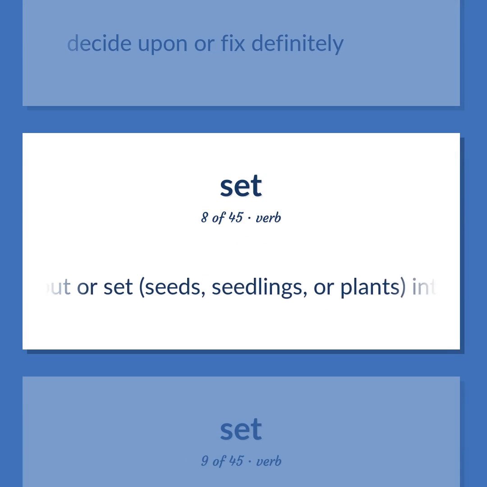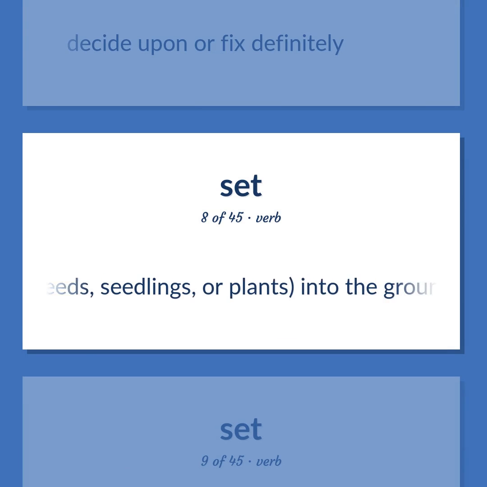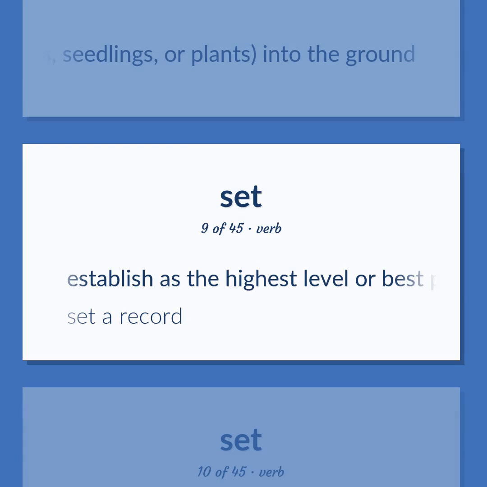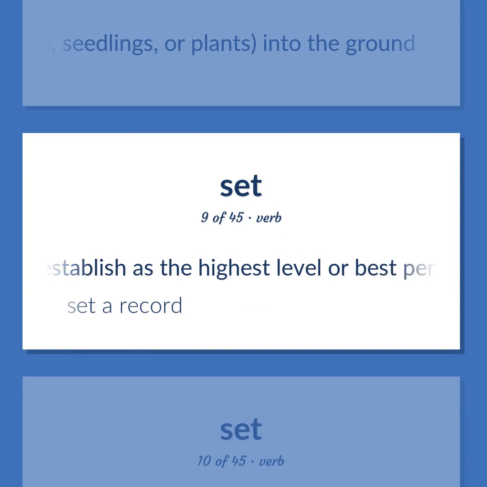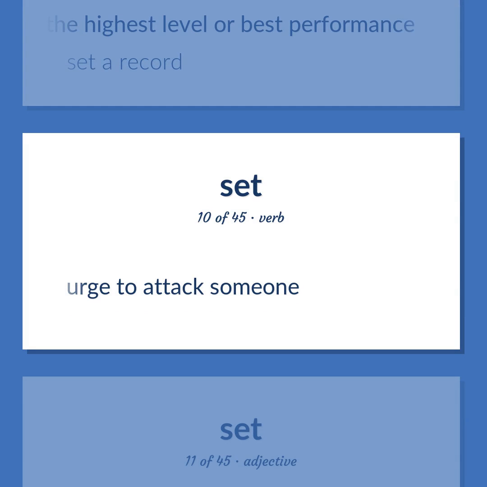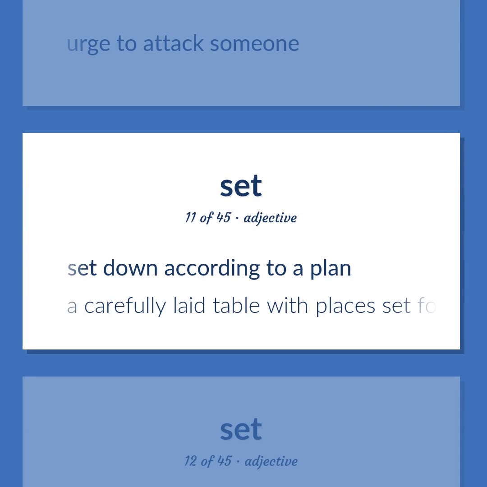Put or set seeds, seedlings, or plants into the ground. Establish as the highest level or best performance. Set a record. Urge to attack someone. Set down according to a plan. A carefully laid table with places set for 4 people.